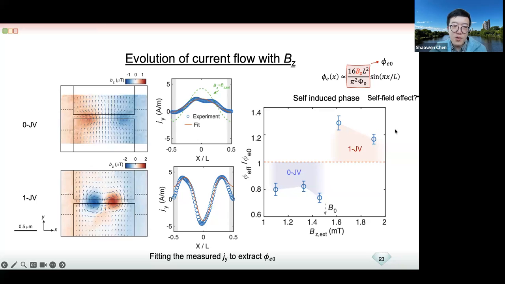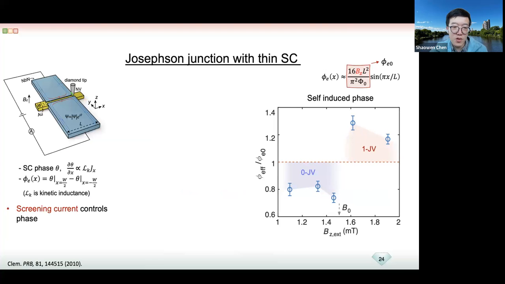But if you remember, as I told you, our junction is in the thin film limit, right? Which means the current-generated magnetic field is actually very small, not enough to cancel or add to the external field. So it cannot be the self-field effect. So to understand this, we need to examine a little bit more carefully how the phase is induced in the thin film Josephson junction.